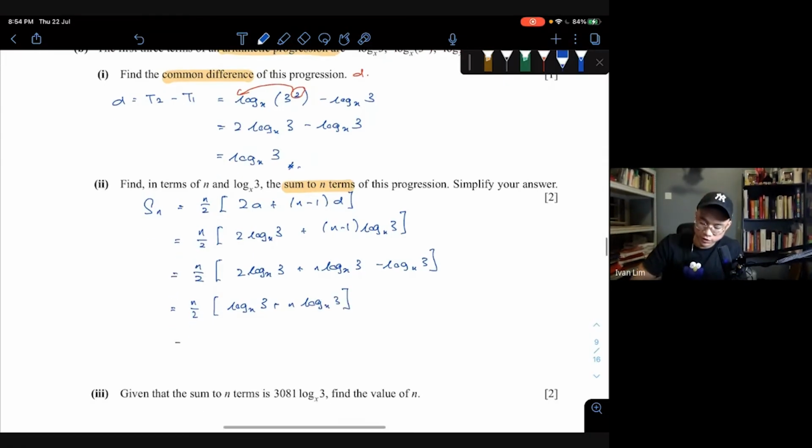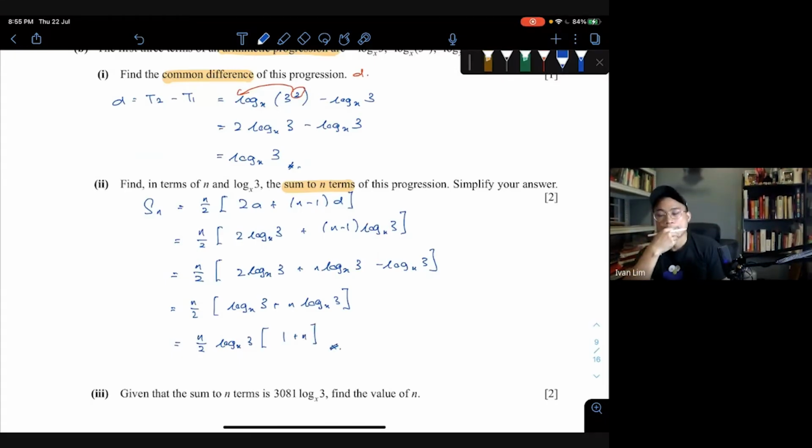I can factorize out the log x3, so it'll be n over 2 log x3 (1 plus n). All right, so it's just simplifying this whole equation here.